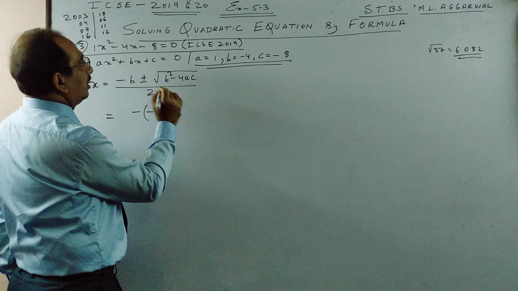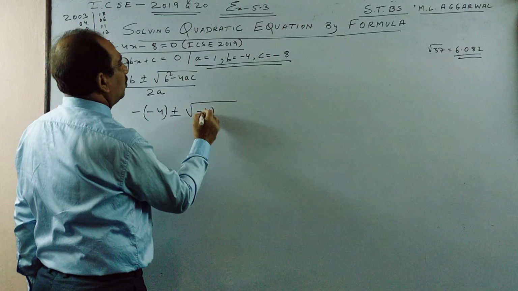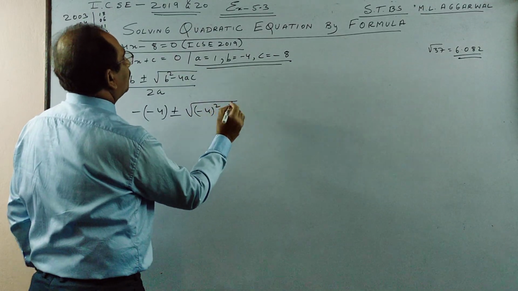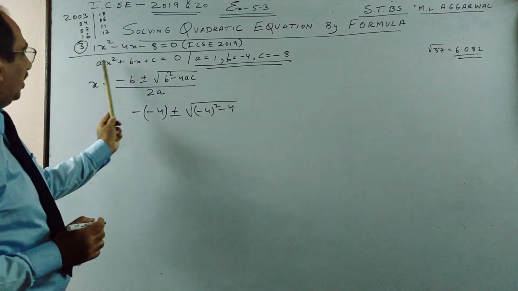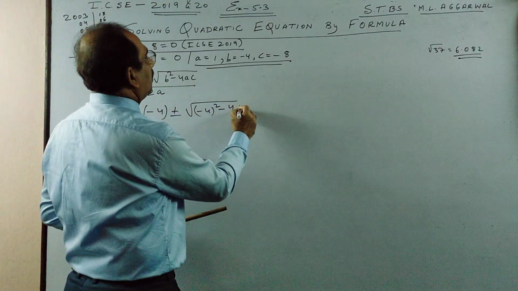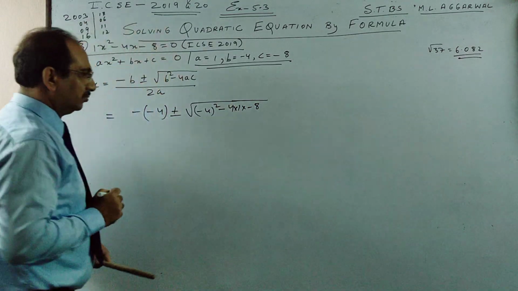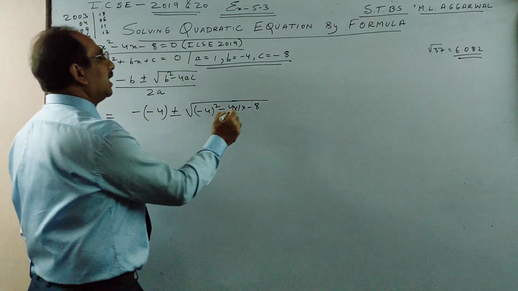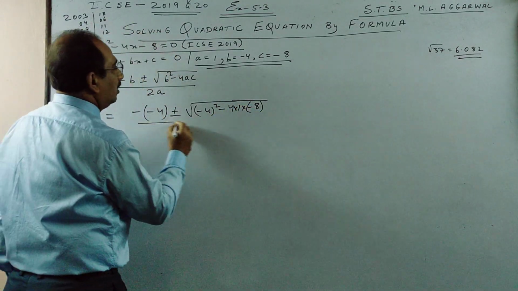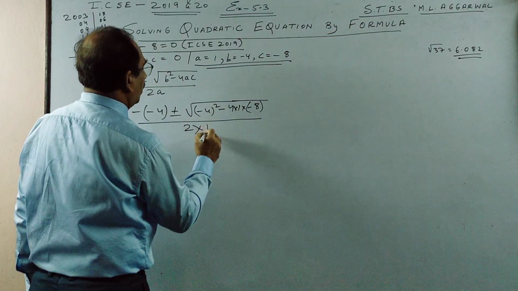Plus minus, that's why we get two answers. Minus 4 square minus 4, a is 1, into c is minus 8. C is minus 8, I can put it in a bracket, divided by 2 into 1.